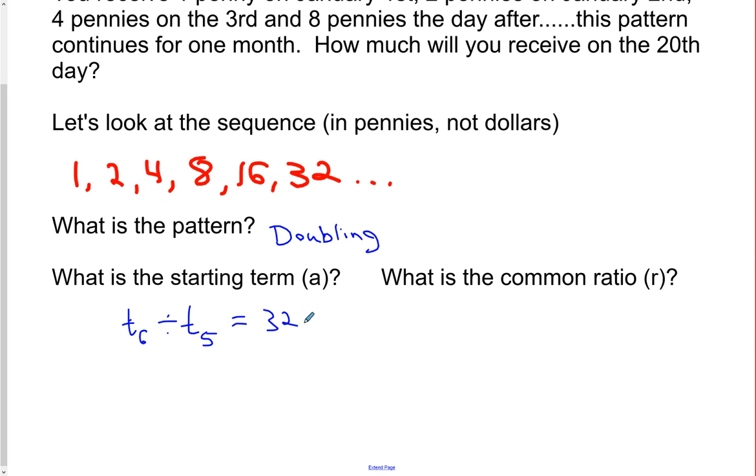That's 32 divided by 16, and that's 2. I could instead go T5 divided by T4. That would be 16 divided by 8. That's also 2. And it looks like it's that way all the way along.